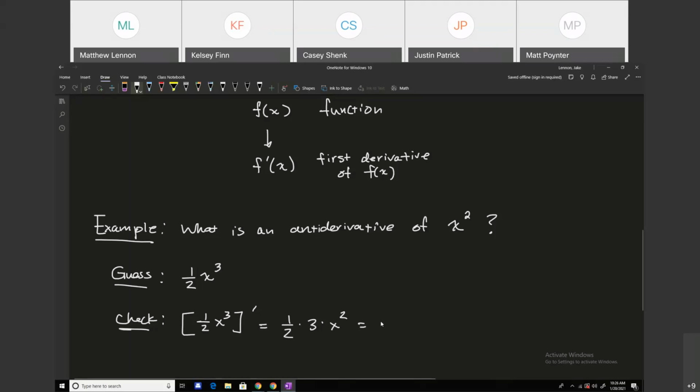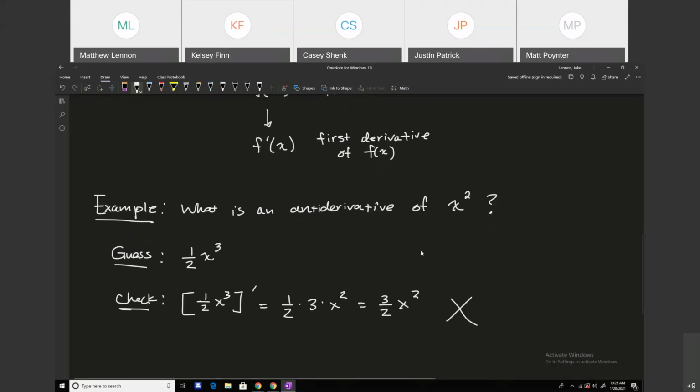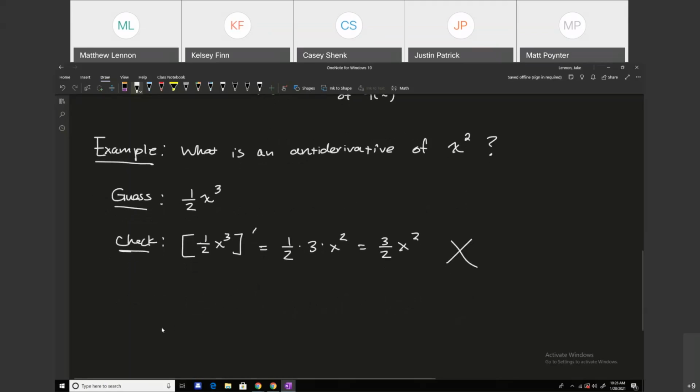So we would get 3/2 x squared. So the x squared part's coming in there, but we've got the wrong coefficient. So this was incorrect, because we have a 3/2 in front instead of just a coefficient of 1. So 1/2 was close, but what we really want is a 1/3 to cancel out with a 3.